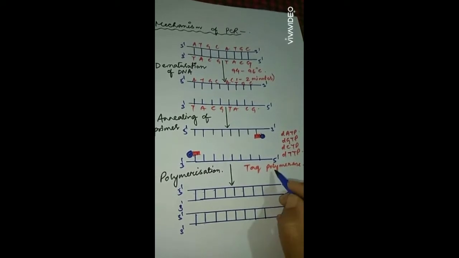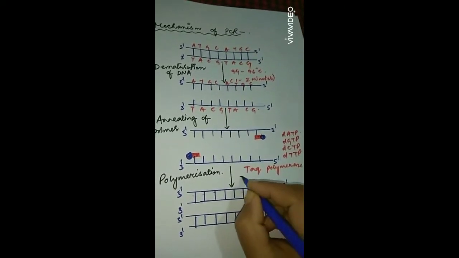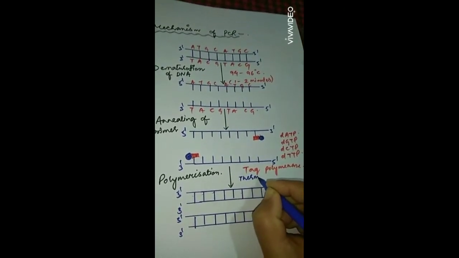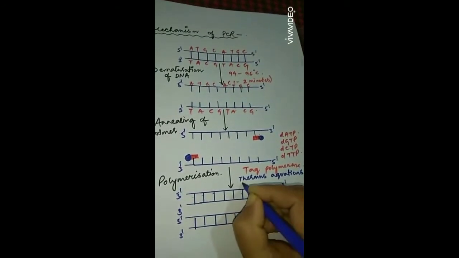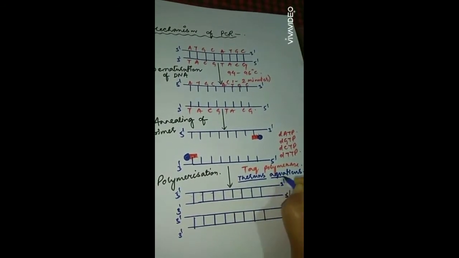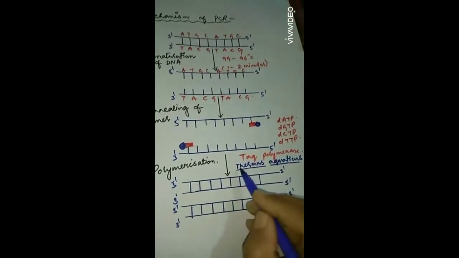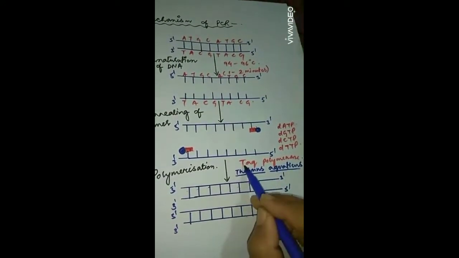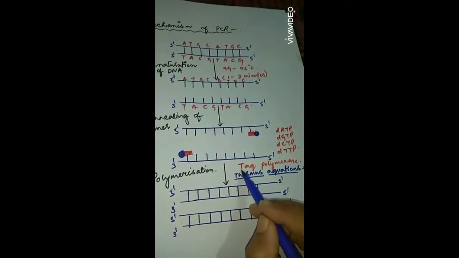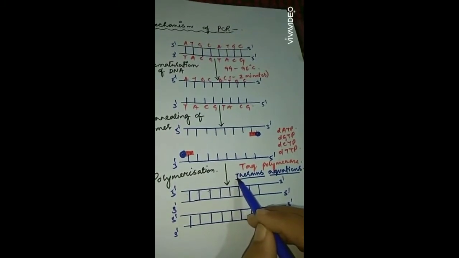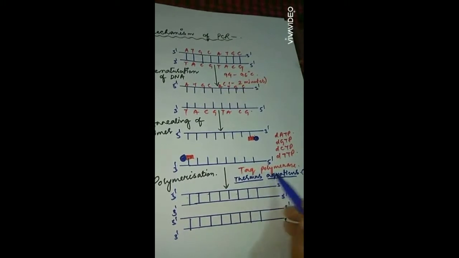It is a DNA polymerase enzyme, but it is obtained from a thermostable bacterium whose name is Thermus aquaticus. That is why we write the name of the DNA polymerase here as Taq polymerase. T has come from the word Thermus and aq has come from the word aquaticus.